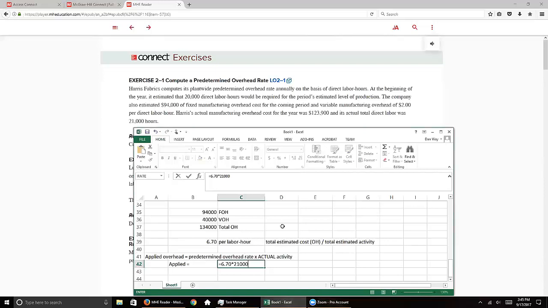Again, applied overhead, always my predetermined overhead rate, now times my actual activity. So $6.70 here times the actual labor hours of 21,000 means Harris Company here would apply $140,700 in overhead cost for this particular period.